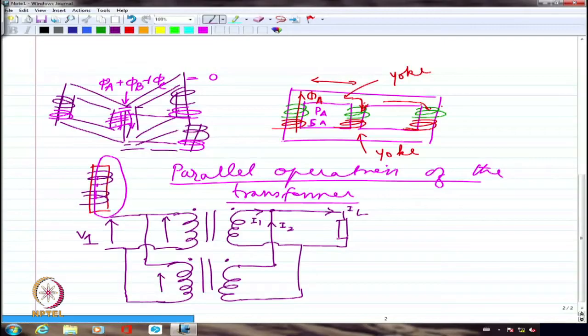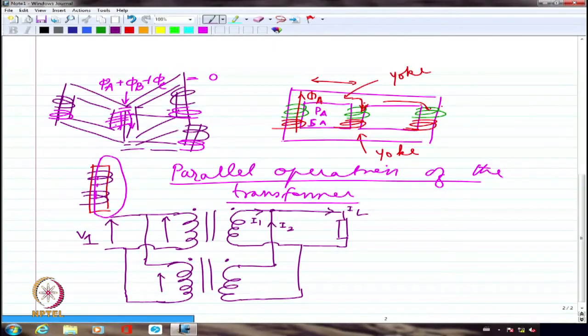So I1 plus I2 will be IL. This is what we mean by parallel operation of two transformers. Together the load is being supplied with the help of two transformers, not a single transformer.